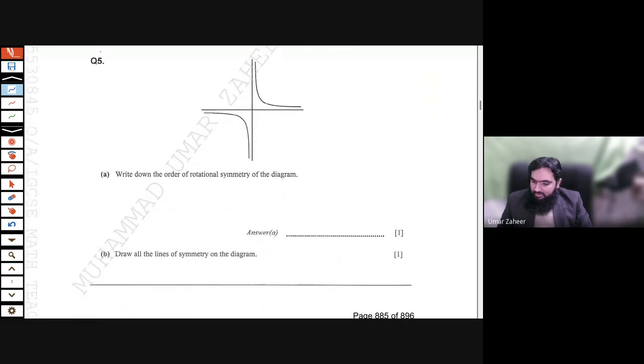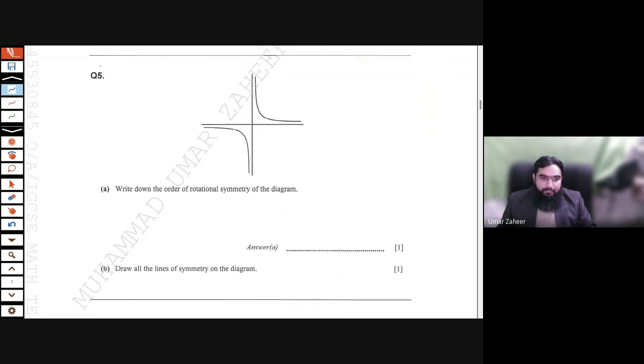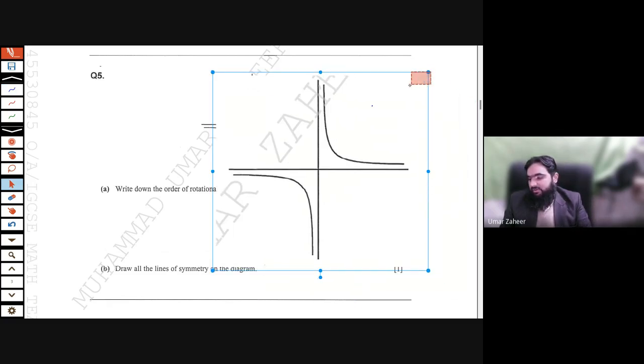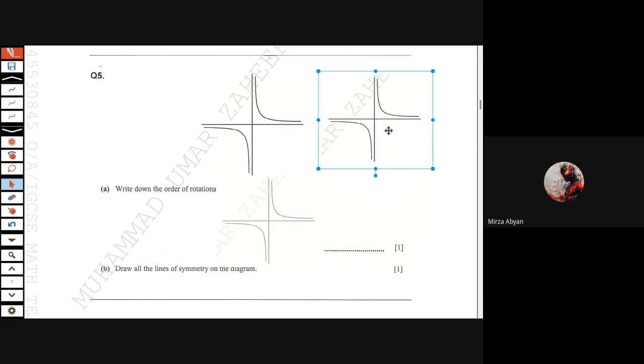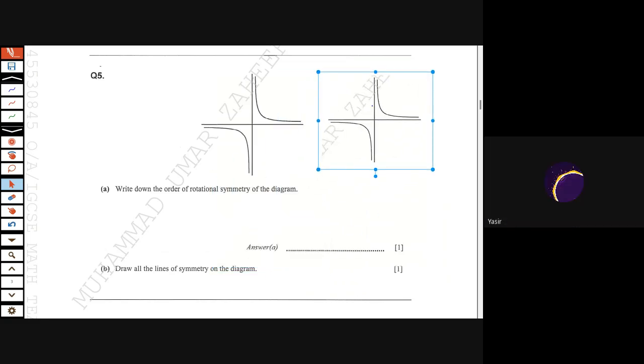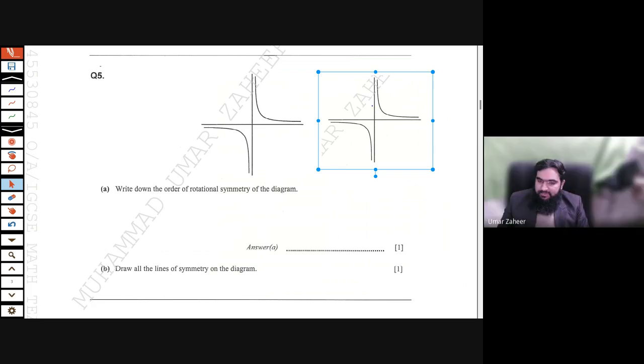All right, write down the order of rotational symmetry of the diagram. Let's see how to rotate it. Without rotation, tell me, how many orders of rotational symmetry do we have? Sir, 4. Any other one? 2.